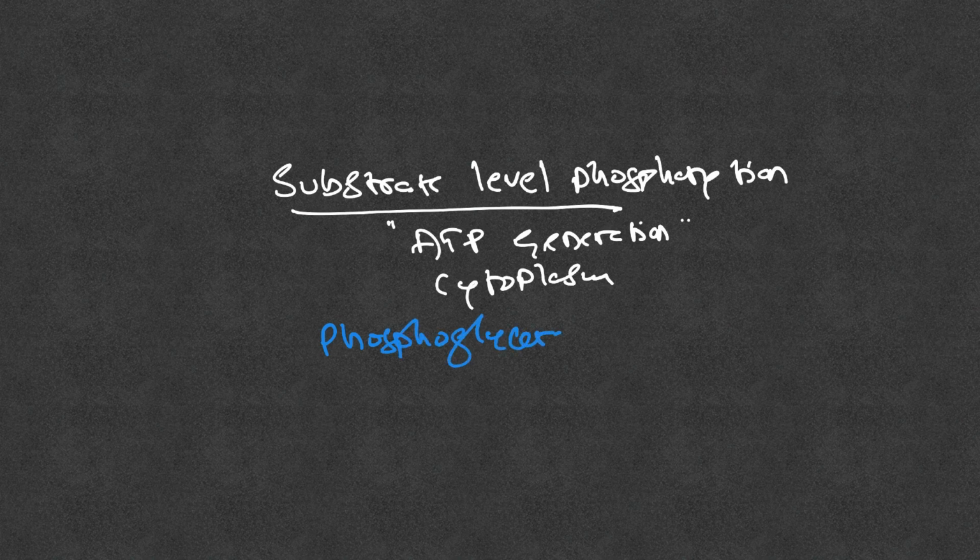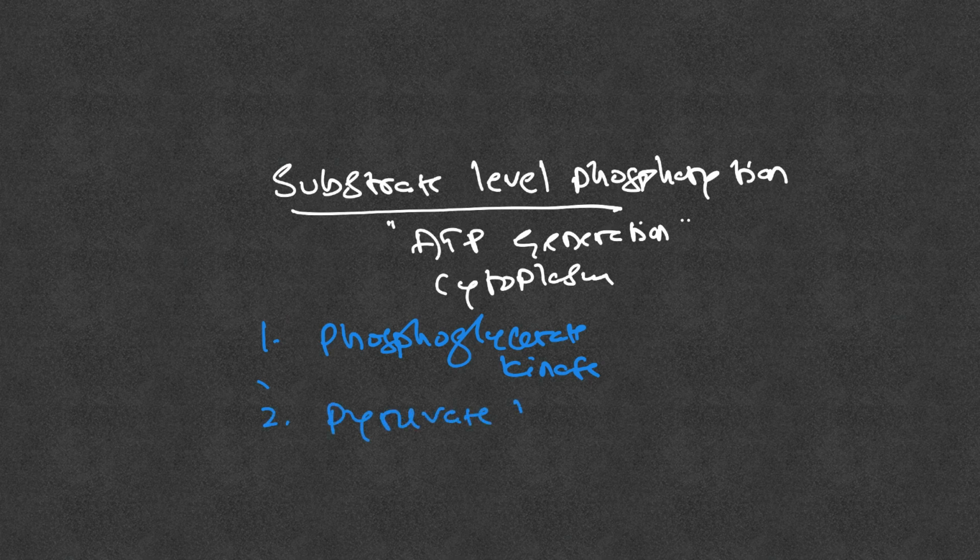Make sure you repeatedly write or say these enzyme names so that you are familiar with the enzymes. I also recommend you remember the substrate and the product for each of those reactions. So there are two substrate level phosphorylations in glycolysis. One is phosphoglycerate kinase and the other is the pyruvate kinase enzyme.